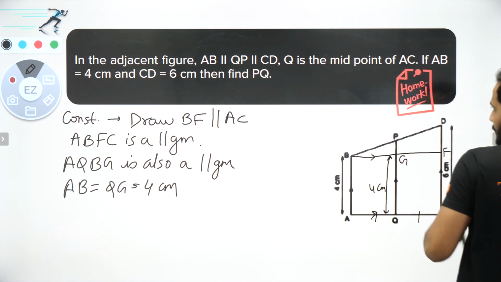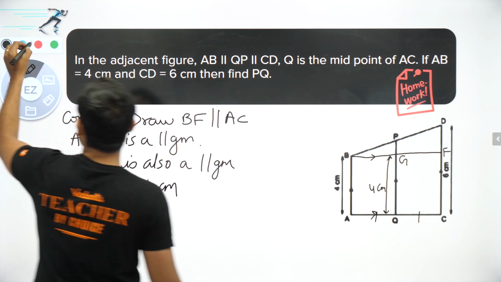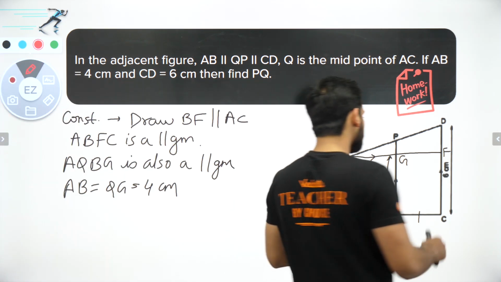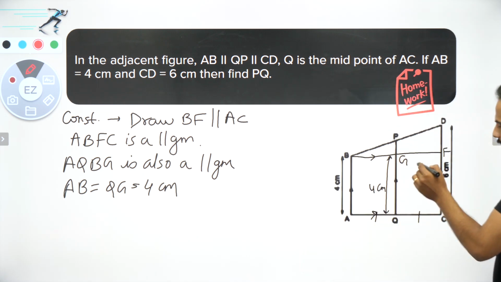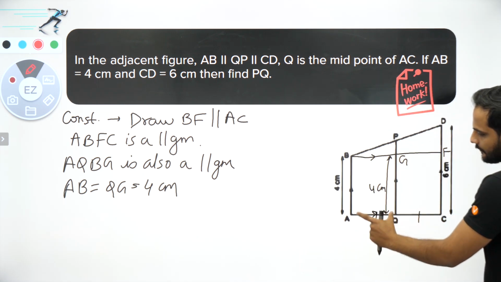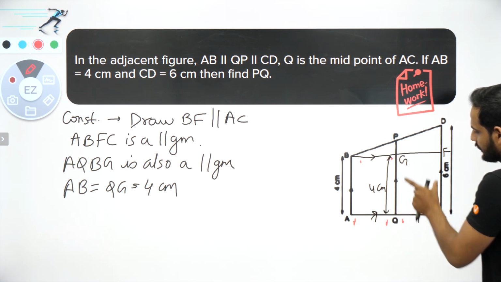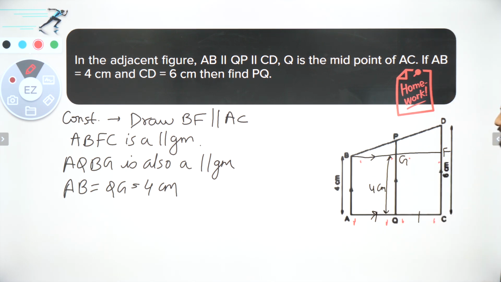Now look at this upper part. If you look at it very closely, you will find that AQ is equal to BG and QC is equal to GF. So I can say G is the midpoint of BF as well.